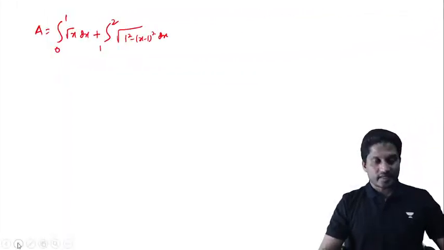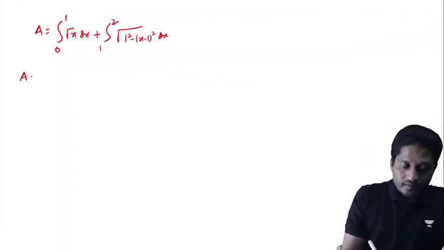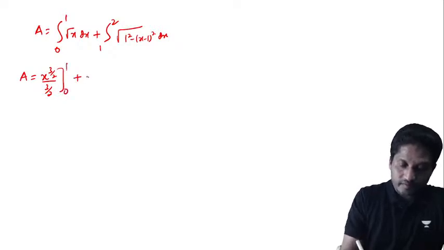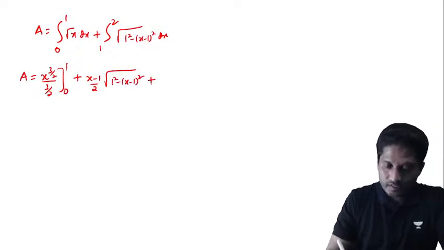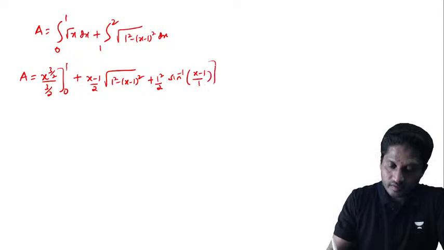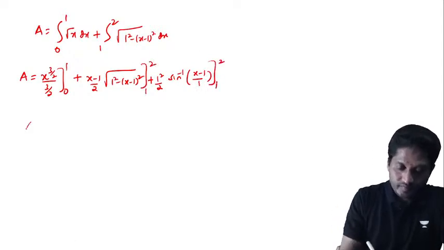Okay, now if I integrate this, integration of root x is x power 3 by 2 by 3 by 2, between the limit 0 to 1. This is root of a square minus x square. Formula is x by 2 into root of a square minus x square plus a square by 2, that is 1 squared by 2 into sine inverse of x by a, sine inverse of x minus 1 by 1, between the limits 1 to 2. If you substitute upper limit, you get 2 by 3.